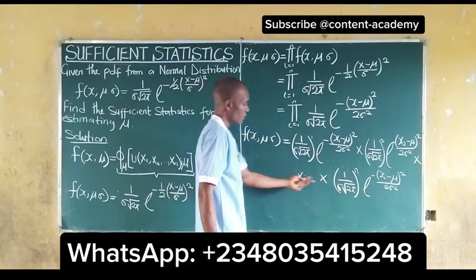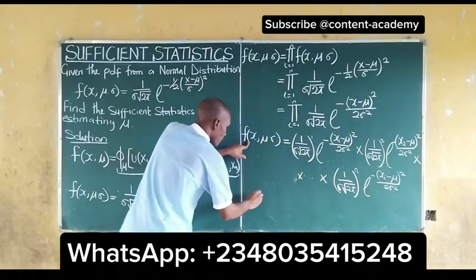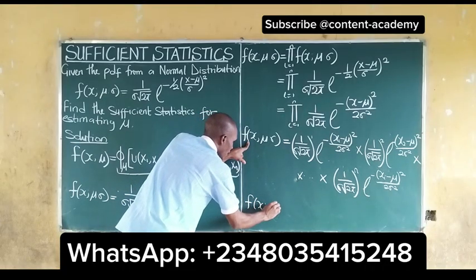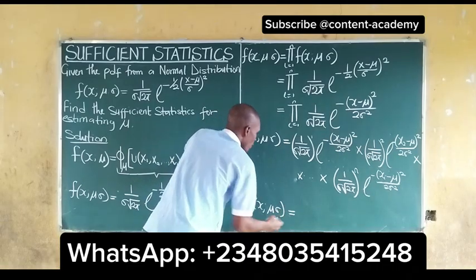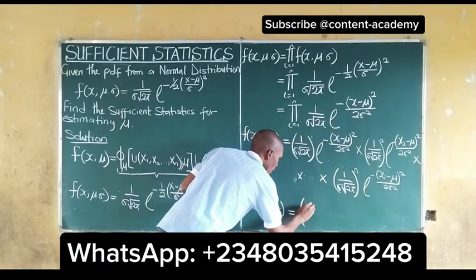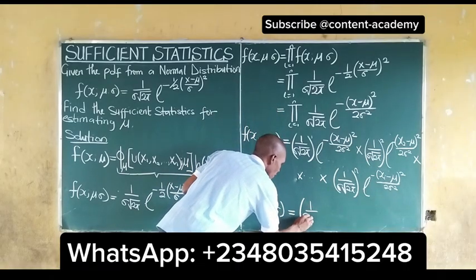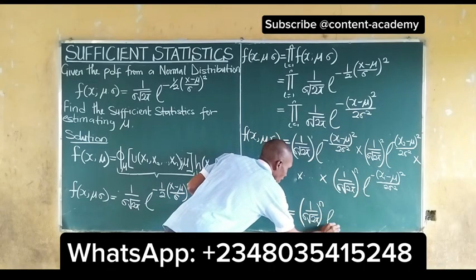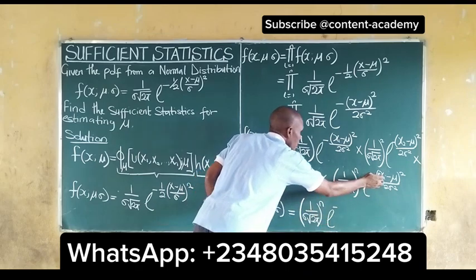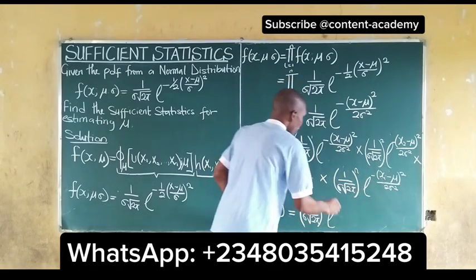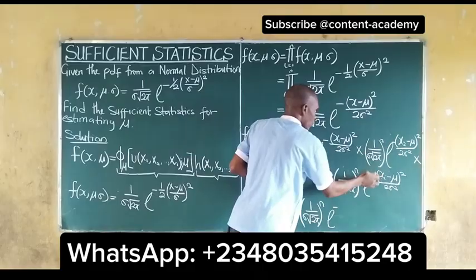It then means that we can write this out properly. After taking the product, we'll get something like this: 1 all over sigma square root of 2 pi raised to the power of n, exponential negative, if you sum this, that means we'll sum this, and it continues to this point.